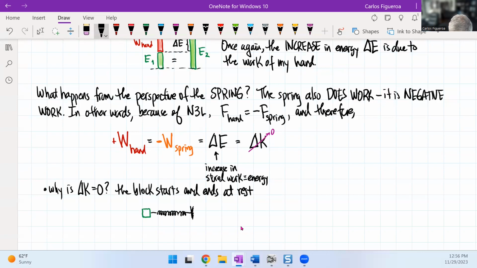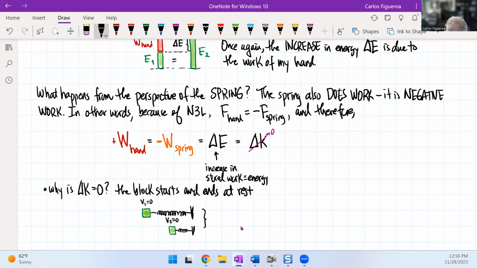At this position 1, it starts off with a speed of 0. And then I'm going to compress the spring, and I'm going to keep compressing it till I can't compress it anymore. So therefore, its speed is also 0.